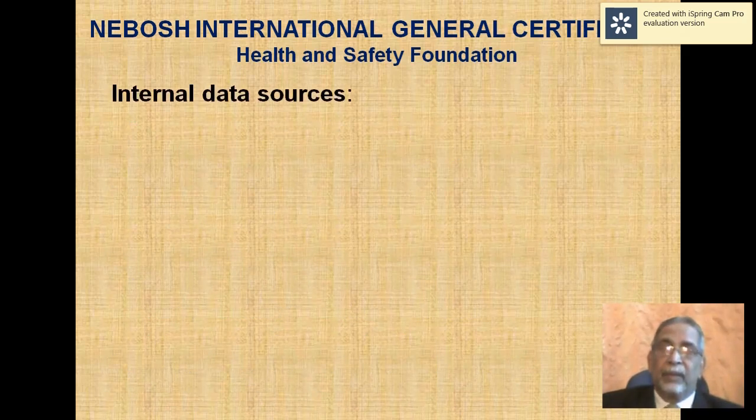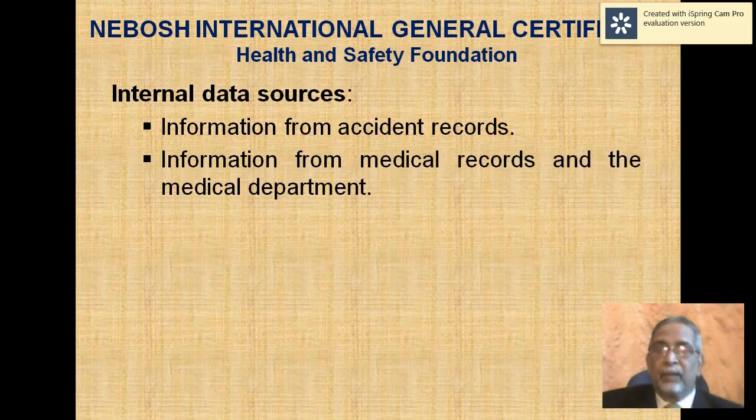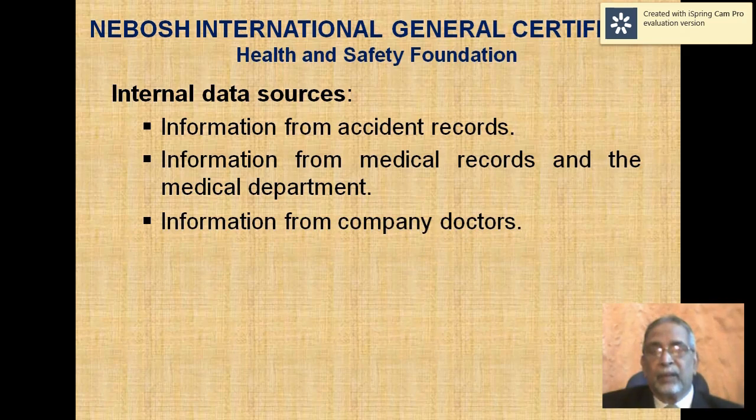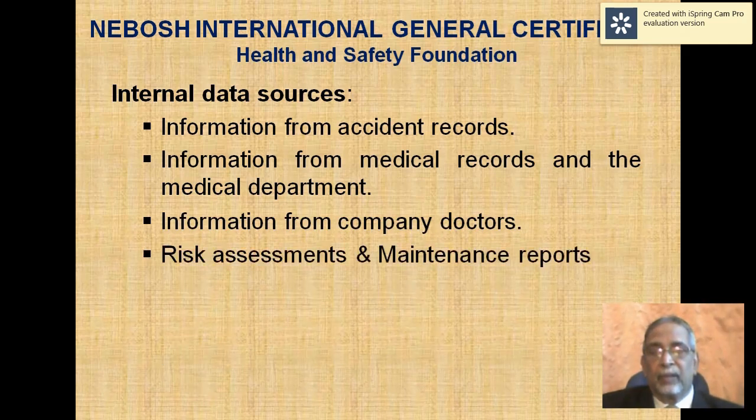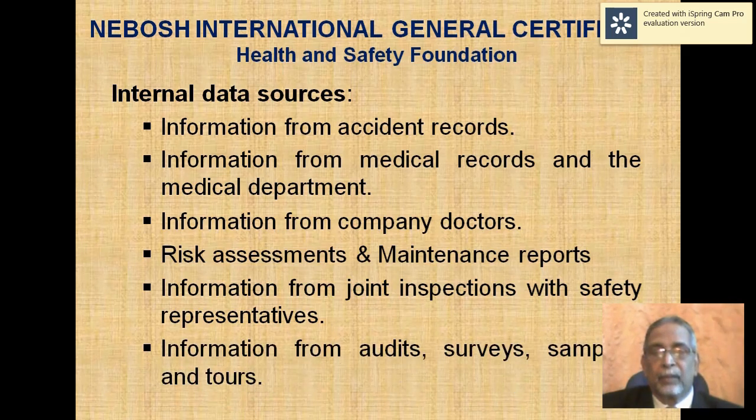Now we will see what the internal data sources are and how we will get them. The information from accident records, information from medical records and the medical department, information from company doctors, risk assessments and maintenance reports, information from joint inspection with safety representatives, information from audits, surveys, sampling and tours.